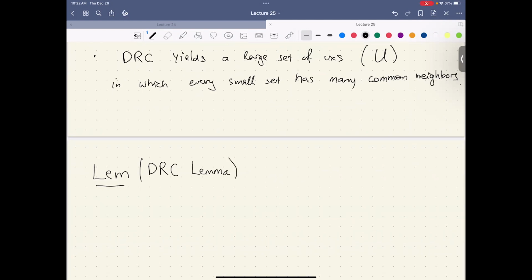Let's take natural numbers n, d, m, r, and a, lots of parameters. Now let's take an arbitrary graph G. So G is an n vertex graph with average degree d.